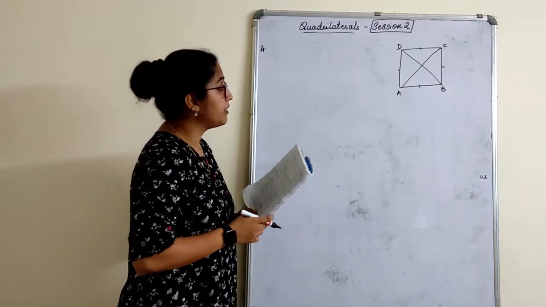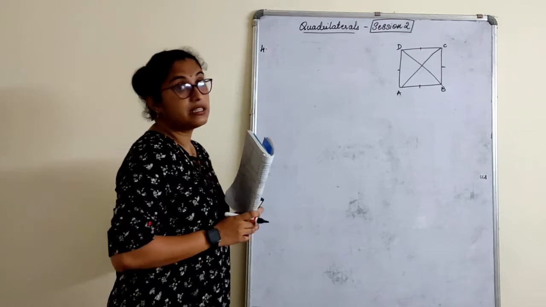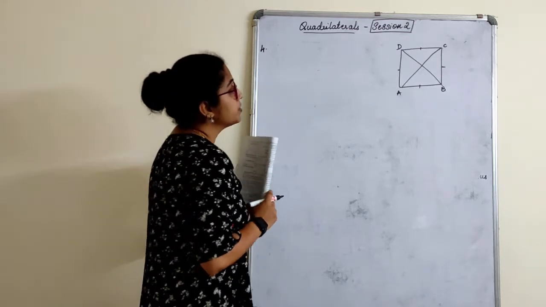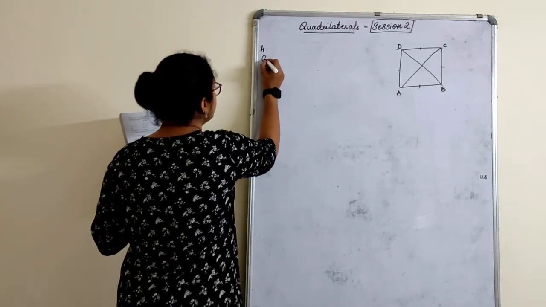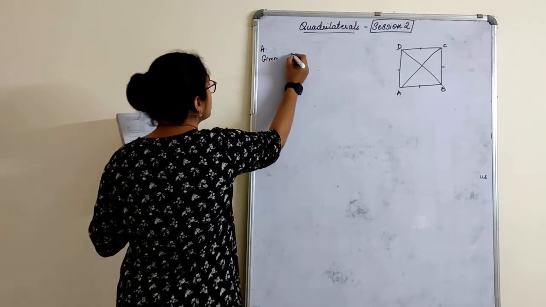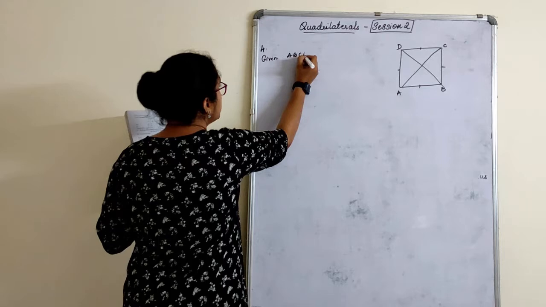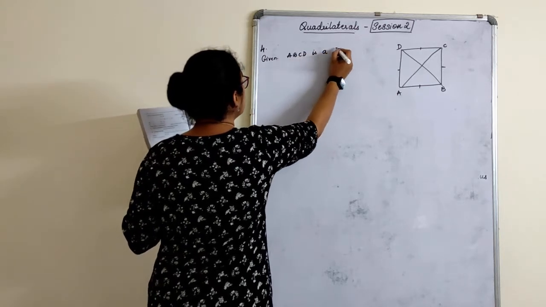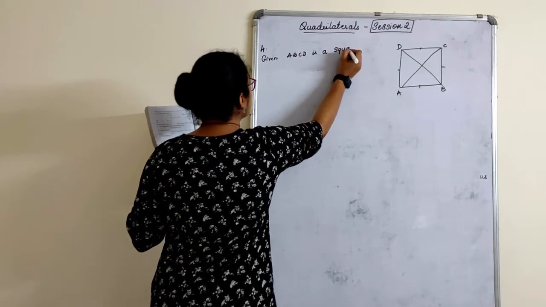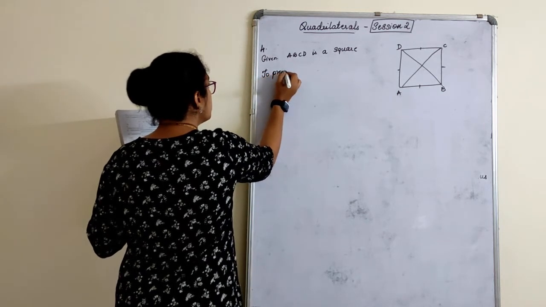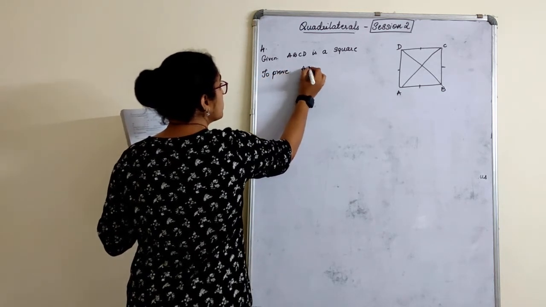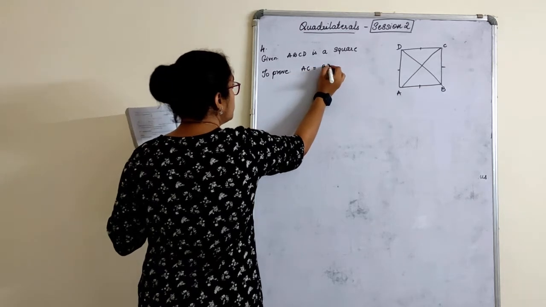Now first of all what we have to prove here is diagonals are equal. So let's start that. Given: ABCD is a square. To prove: AC is equal to BD.